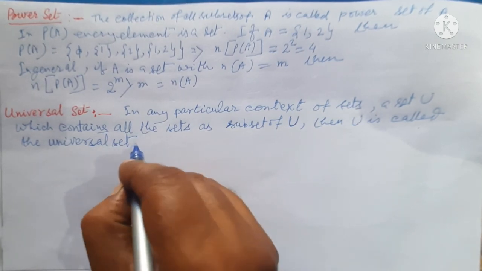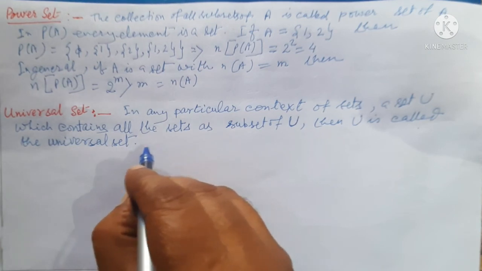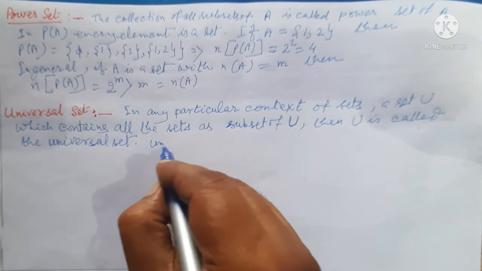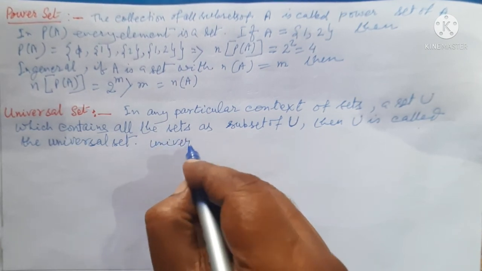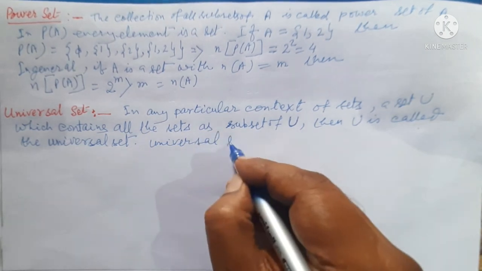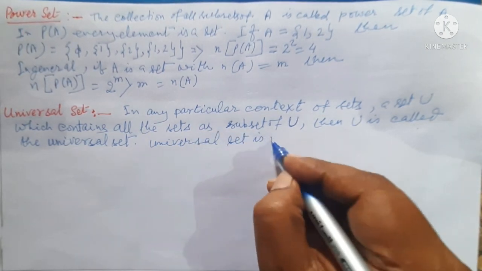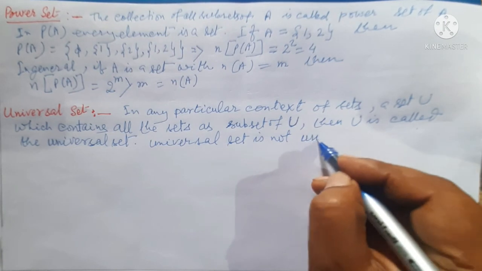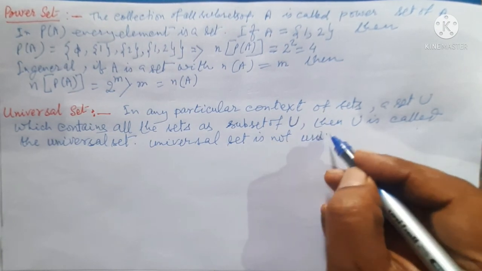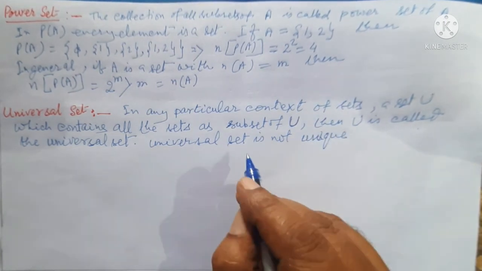So, the universal set is not unique. You may understand, the universal set is not unique.